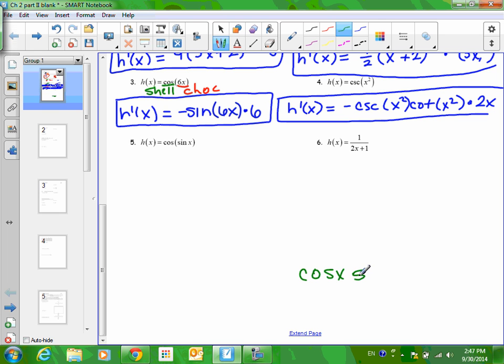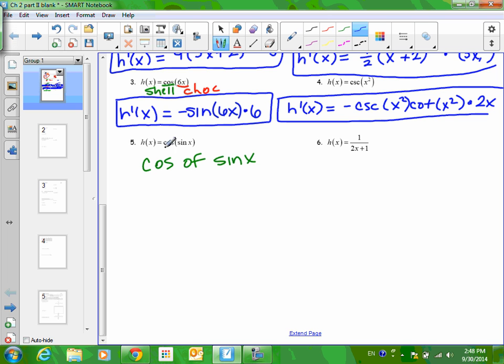This, or even if I didn't write the times, this would be implied multiply. But see how there's no x right there? That means I'm actually taking cosine of sine. All right, now I'm going to write this here. Cosine of sine x. This is a chain rule problem, okay?